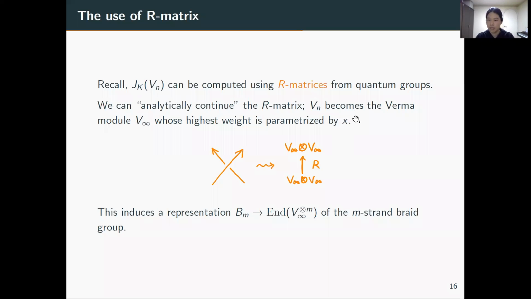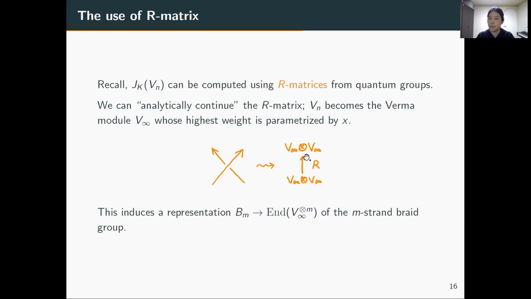So whenever we have a braid, say a braid going from the bottom to top, we can imagine that each strand of the braid carries this Verma module, and whenever two strands cross, like a positive crossing, we can associate this map, V infinity tensor V infinity to V infinity tensor V infinity, coming from the R matrix.